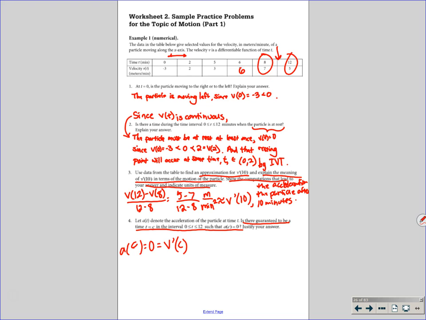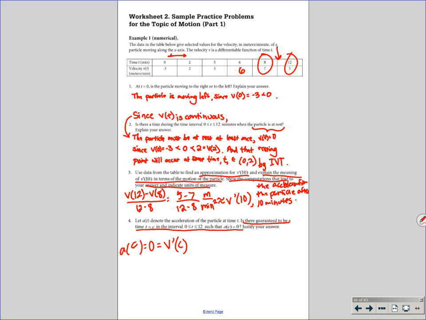So there's still a guaranteed 0, but not because of rules. I don't see a 5 and a 5. Now, does it have to hit 5? Yes. Could I use an IVT and say velocity is 5 somewhere between here and here, because velocity is continuous, and so between wherever that is and wherever this is there's going to be a Rolle's? I could do that.